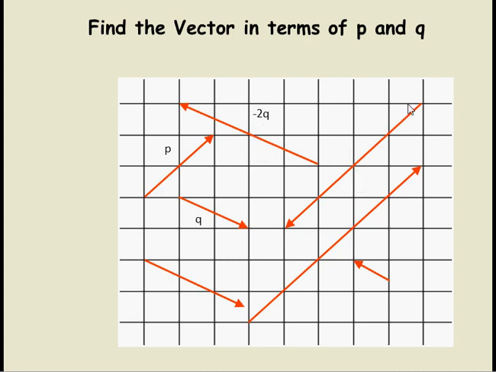This one is the opposite direction of P and twice as long, so it's negative 2P. This one is the same direction as P and 2.5 times as long, so it's 2.5P. This is negative 0.5Q. And this is 1.5Q, I believe. Yes. Okay.